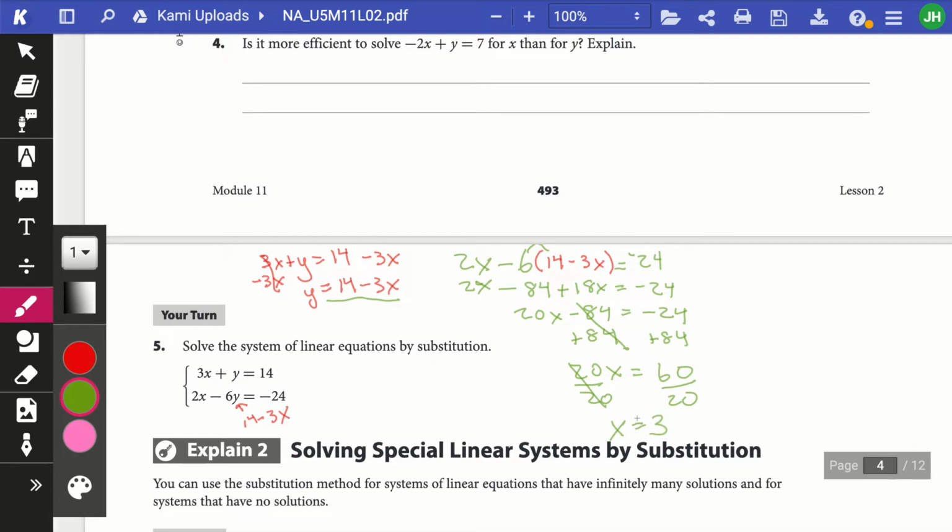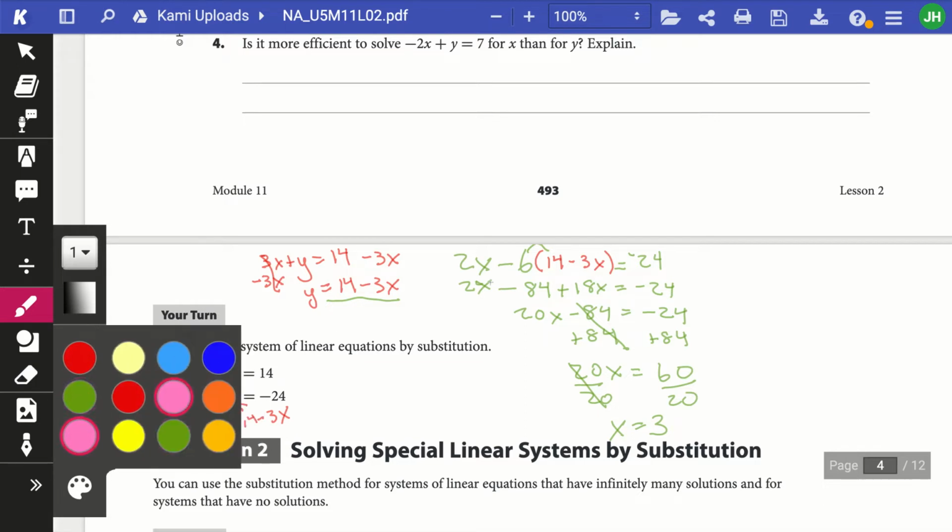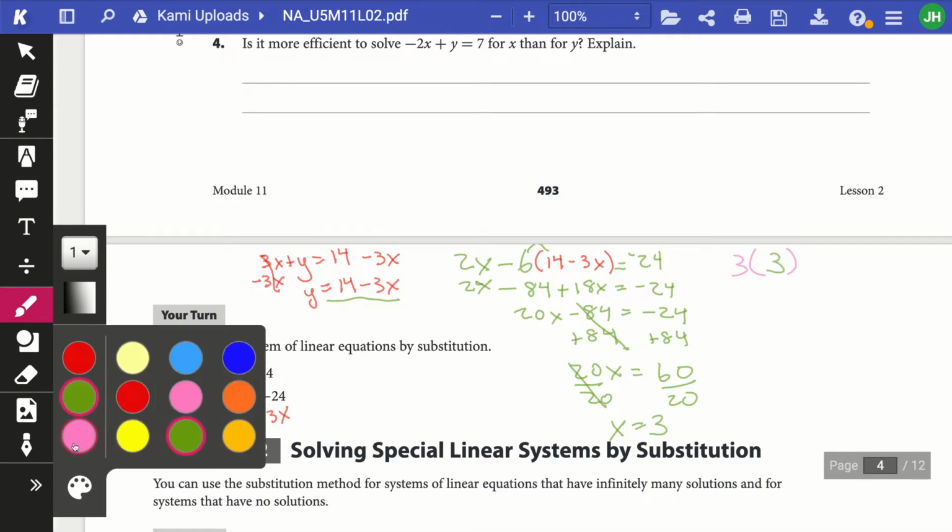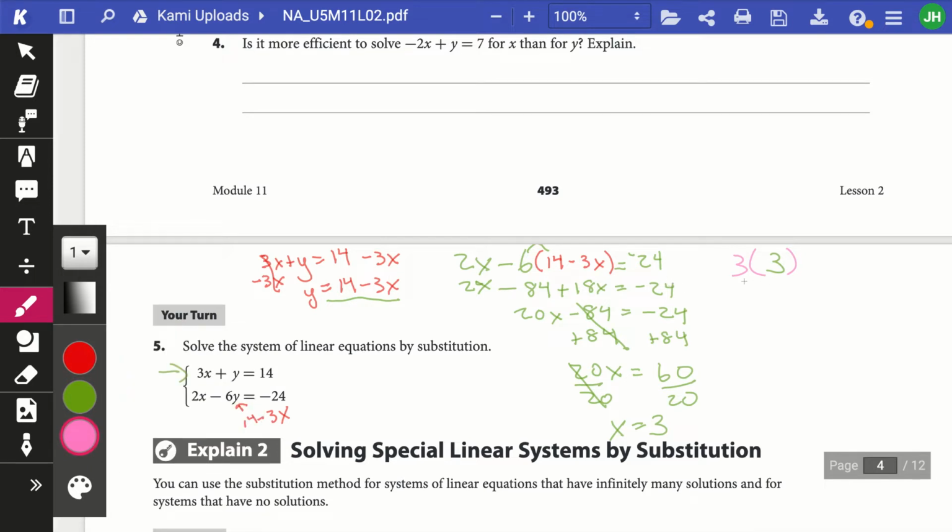Okay, so now we know x equals 3. What does y equal? We don't know yet. So we're going to take this equation and solve. 3 times, what does x equal? 3, plus y equals 14.